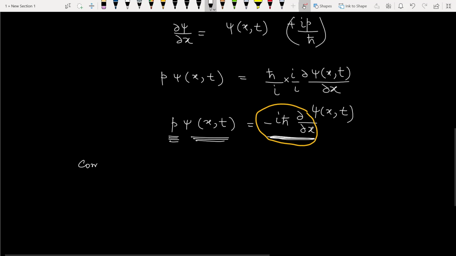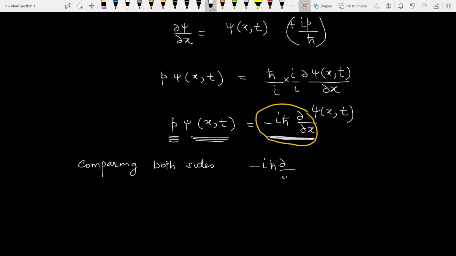Comparing both sides, minus iota h cut ∂/∂x is called the momentum operator.